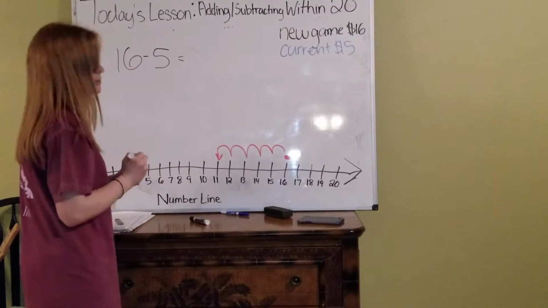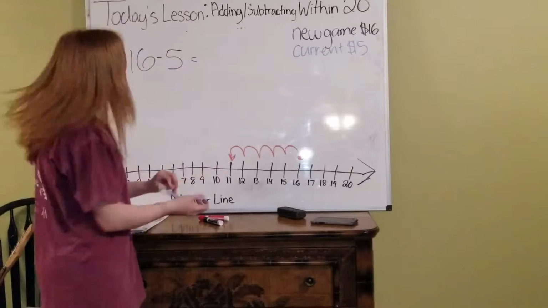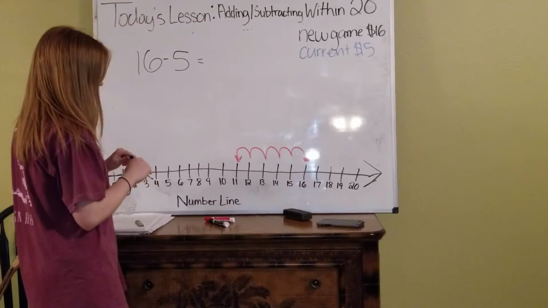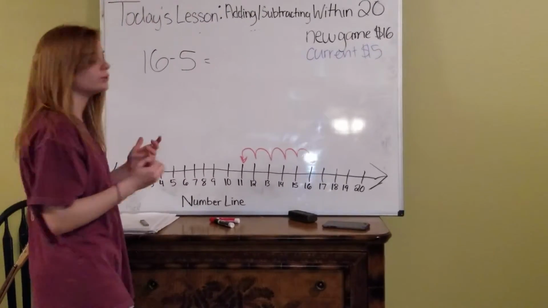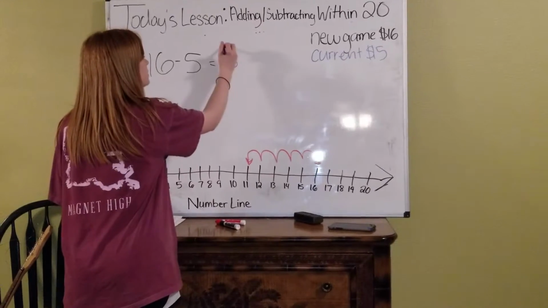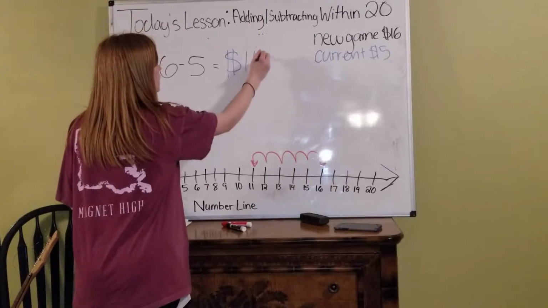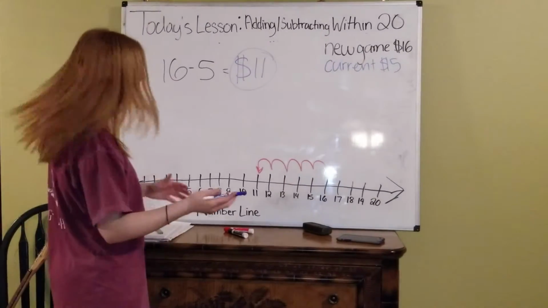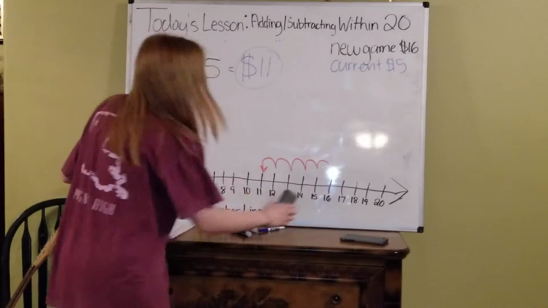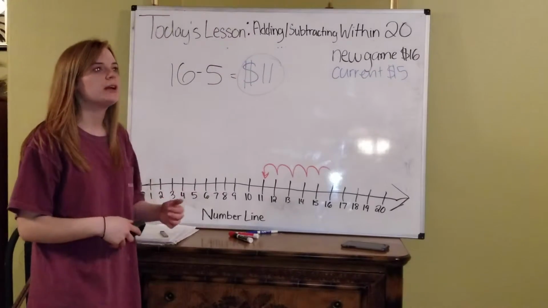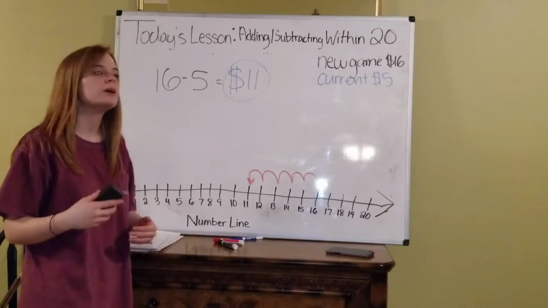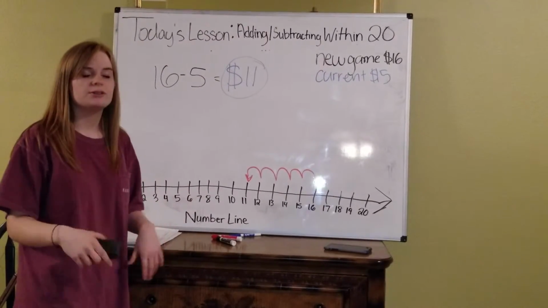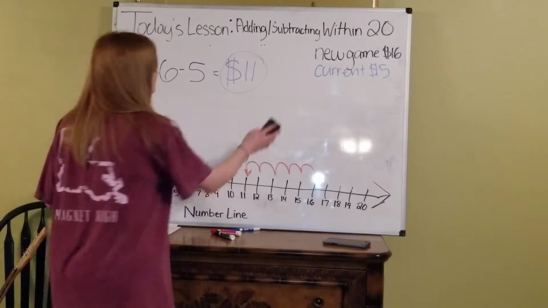And the total that we would need to get this game, we would need to ask a friend or whoever it is, a family member, to give us $11. Oh, by the way, guys, this is a number line, and this is a useful way of helping guide you to get the total that you're looking for.